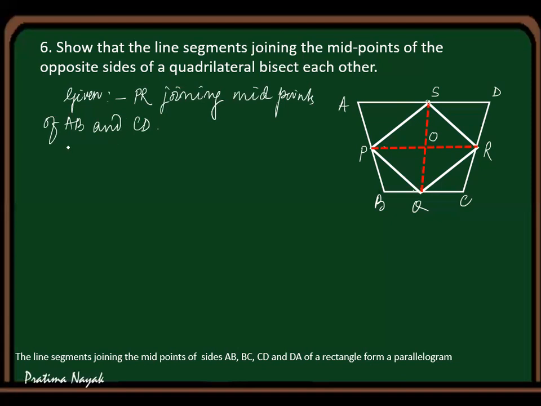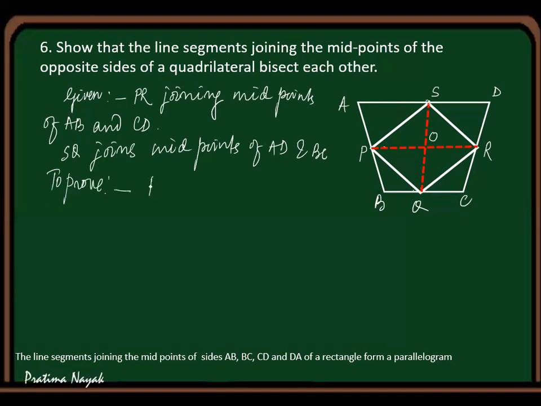And SQ is the line segment joining midpoints of opposite sides, AD and BC. To prove they bisect each other, you have to prove that PO is equal to OR and SO is equal to OQ.